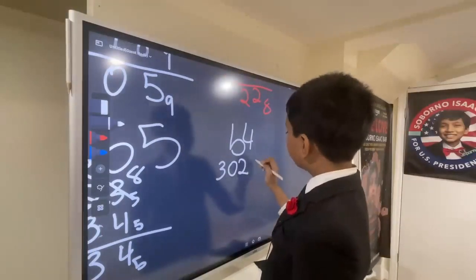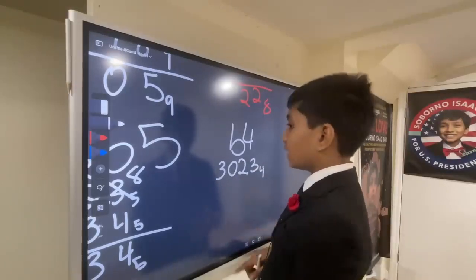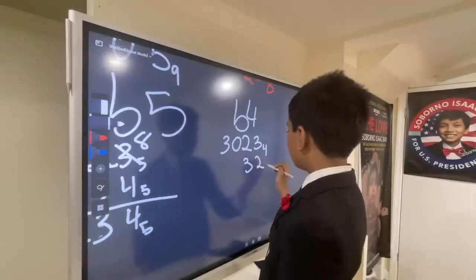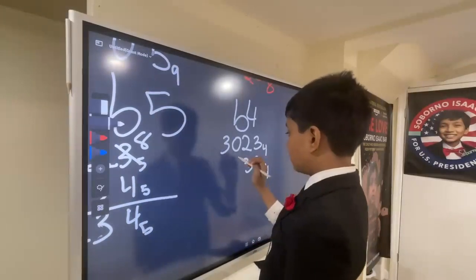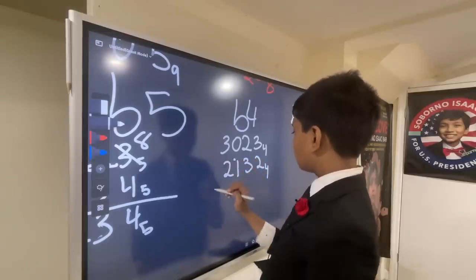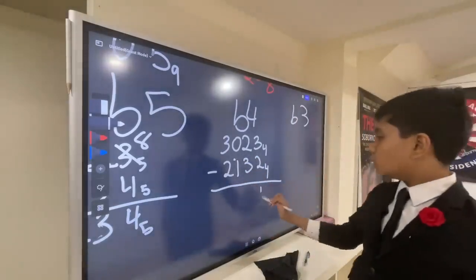Alright. So now, let's do base 4. 302 base 4, and then let's put 3, 2, 1, 2. 2312 base 4. Okay. 3 minus 2 is 1.